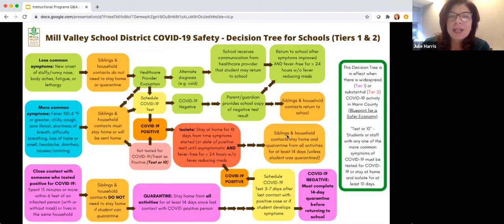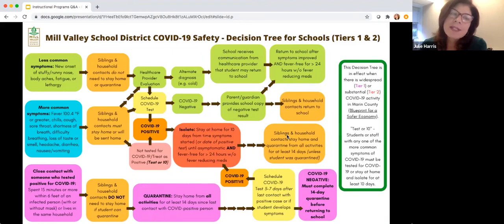If an alternate diagnosis is found, the school receives communication from the healthcare provider that the student may return to school after the symptoms improve and they are fever-free for greater than 24 hours, with no meds or reduced meds.